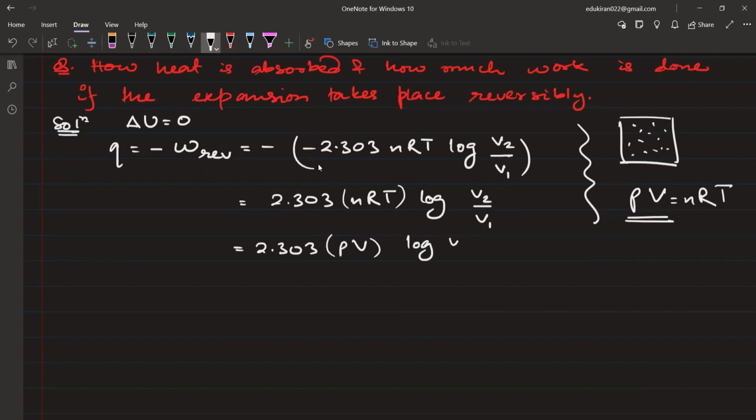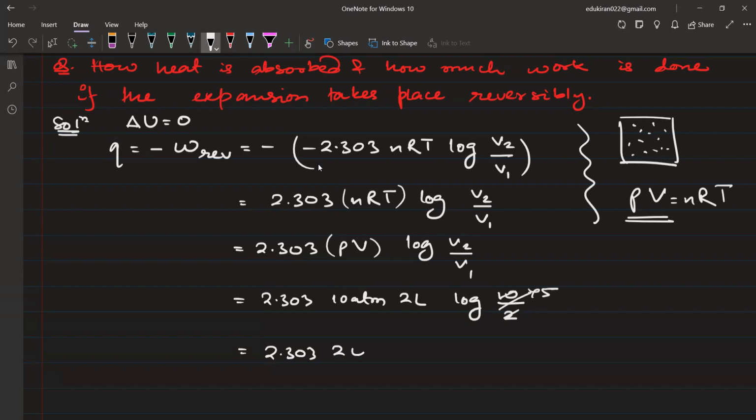Okay, log of V2 upon V1. 2.303. The initial pressure is 10 atm. Volume is 2 liters. Log of V2 upon V1: it expands to 10 liters, V1 is 2 liters. So you can cancel these two and you will get what? 5.